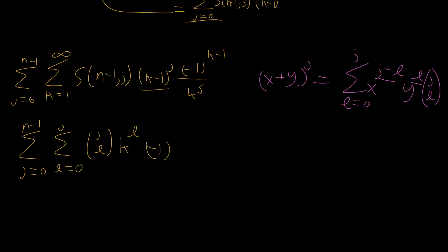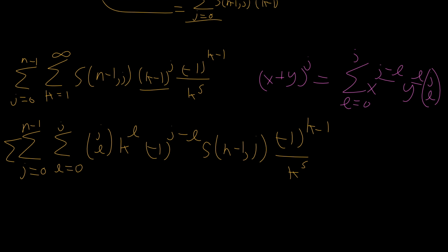And then we have -1 to the j minus L power. So that's our binomial thing taken care of, but then we also have to remember that we have our Stirling numbers of n minus 1 comma j. And then we also have our -1 to the k minus 1 over k to the s, and then we also have our sum with k out there.